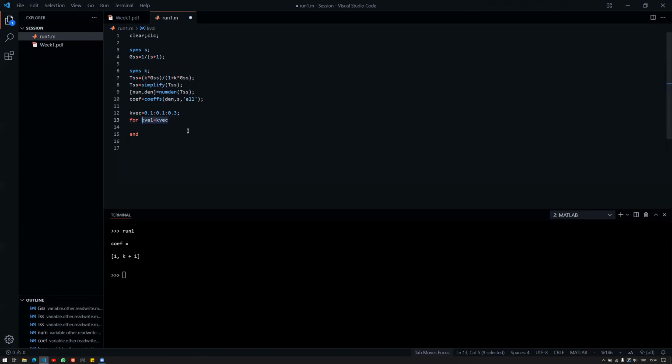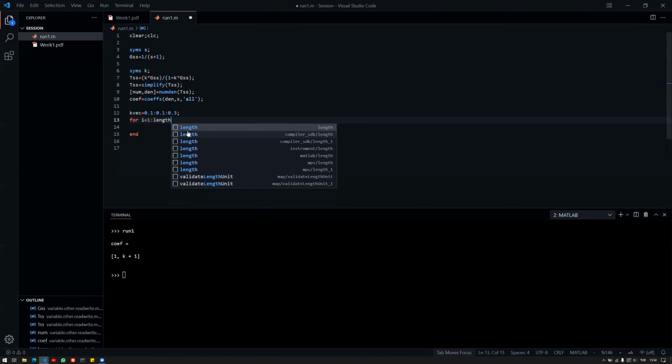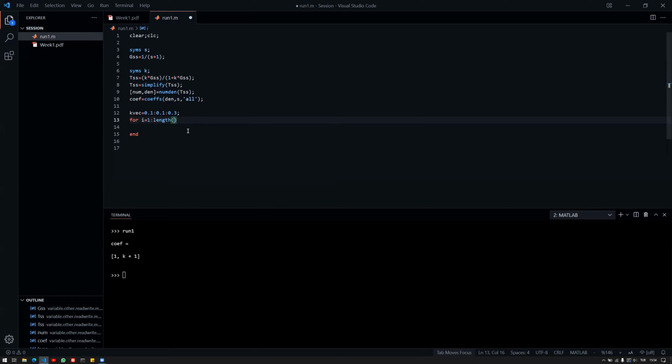But I'll skip that, and I will always use the element by element for loop. And the reason behind that is to be in a specific standard, because there might be cases where we have 2 equally sized vectors, and I'm reading one and writing to the other one. So I need to use elements in that case. So feel free to use whatever you would like, but I'll be using this one here.